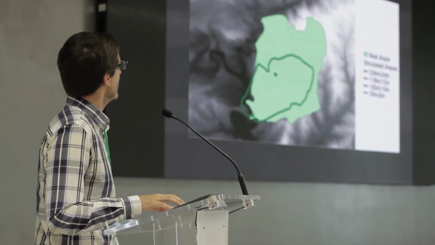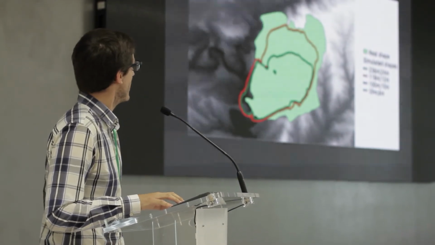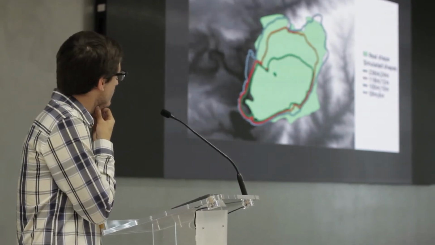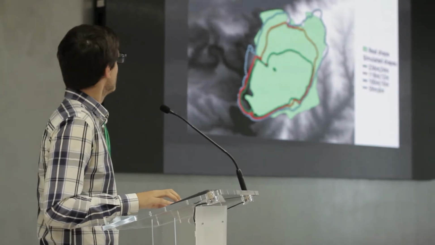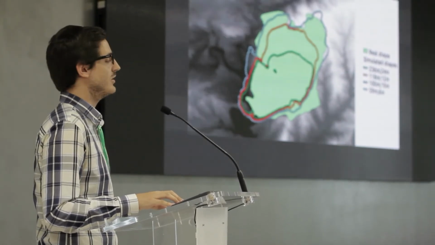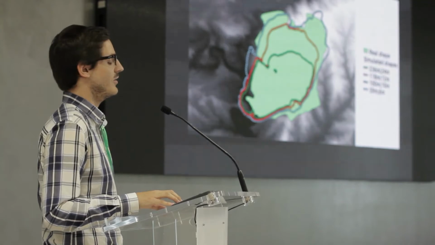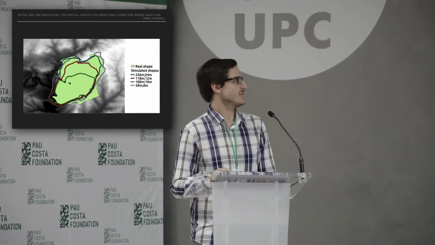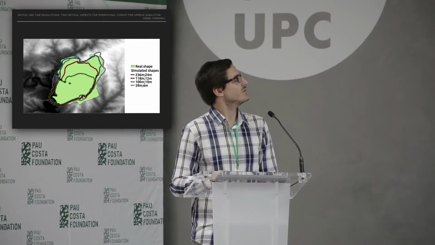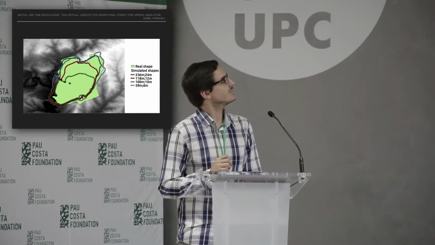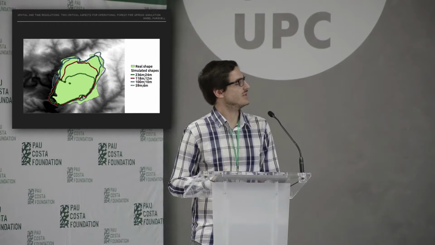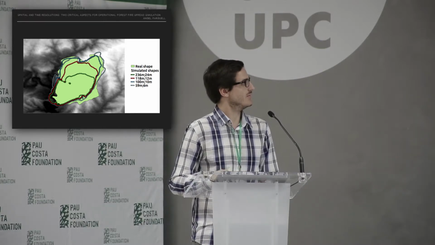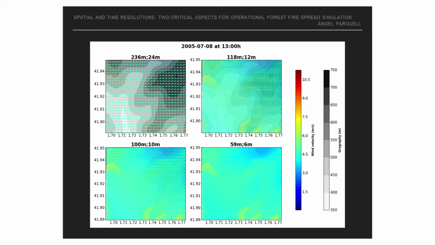So we doubled the resolution twice, and we obtained better and better solutions. But the execution time is also growing really fast. So we also used an intermediate solution of 100 meters in the atmospheric grid and 10 meters in the fire grid, and we obtained a more or less similar solution compared with the others.